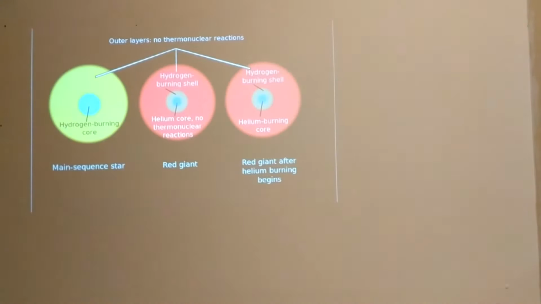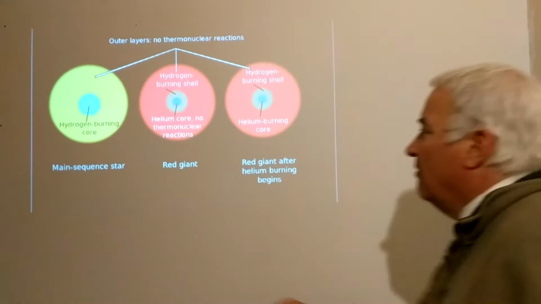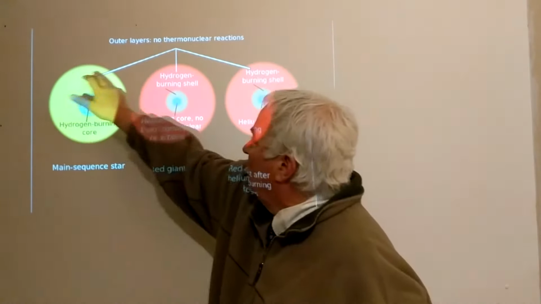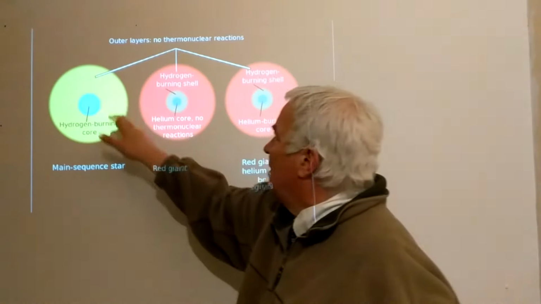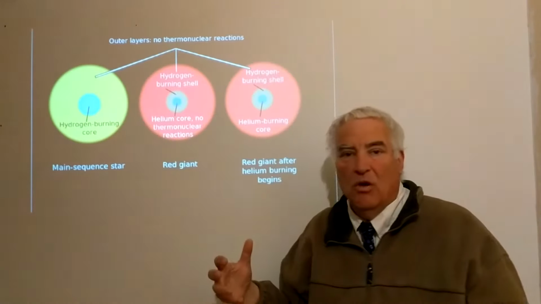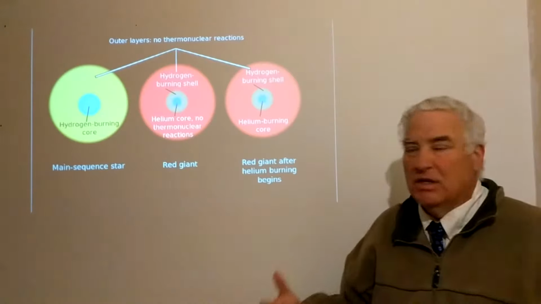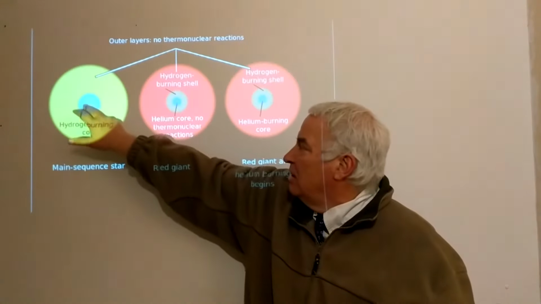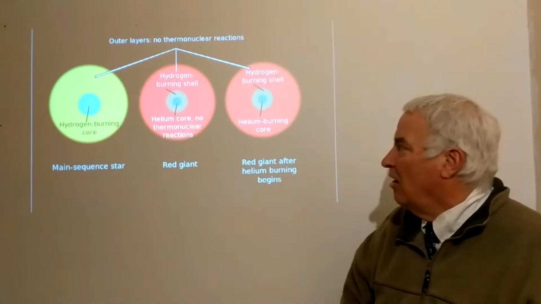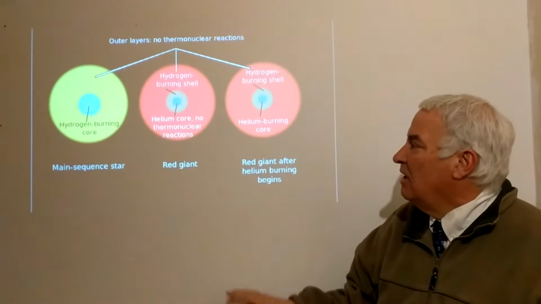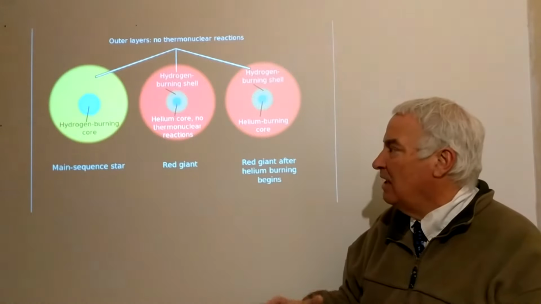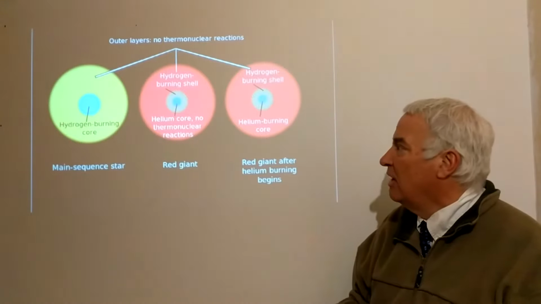So on the main sequence, we have a hydrogen burning core, and around it we have outer layers with no thermonuclear reactions taking place. All of the fuel is being used there in the hydrogen burning core and the helium ash is created there.